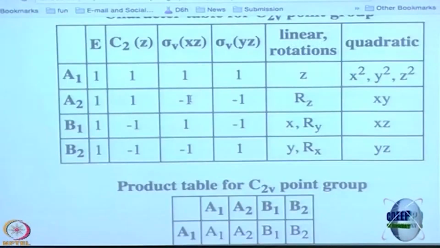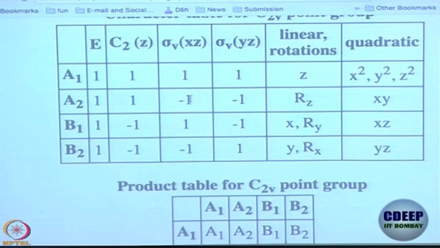Okay. We can demonstrate with our old friend C2V character table. Good thing about C2V is everything is one dimensional. Now see, convince yourselves. Suppose I have A2 and B2. A2 and B2.